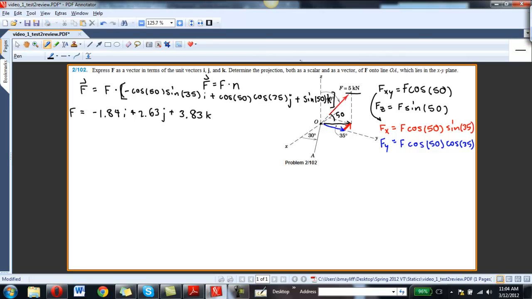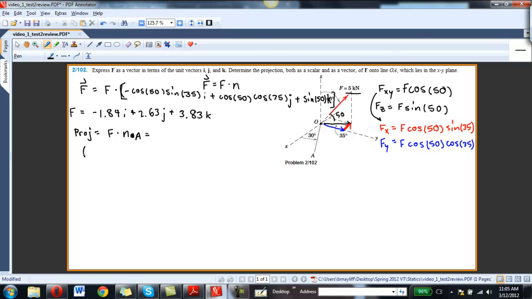So now we have to find the projection both as a scalar and a vector of F onto line OA. So we simply go projection is equal to F dot n_OA, and that will give us a magnitude, which would be the scalar.